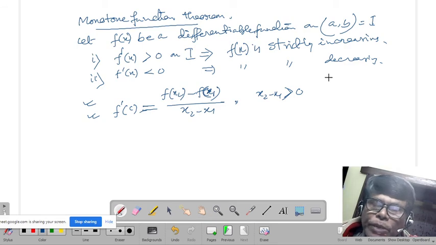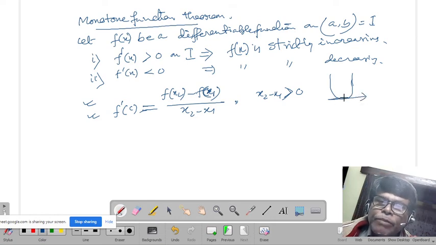Now if the function is strictly increasing and then strictly decreasing and then increasing, it will take some U-turn, and before taking the U-turn, the tangent becomes parallel to the x-axis, isn't it? If it happens like this, first increasing then decreasing, here it becomes parallel to the x-axis.